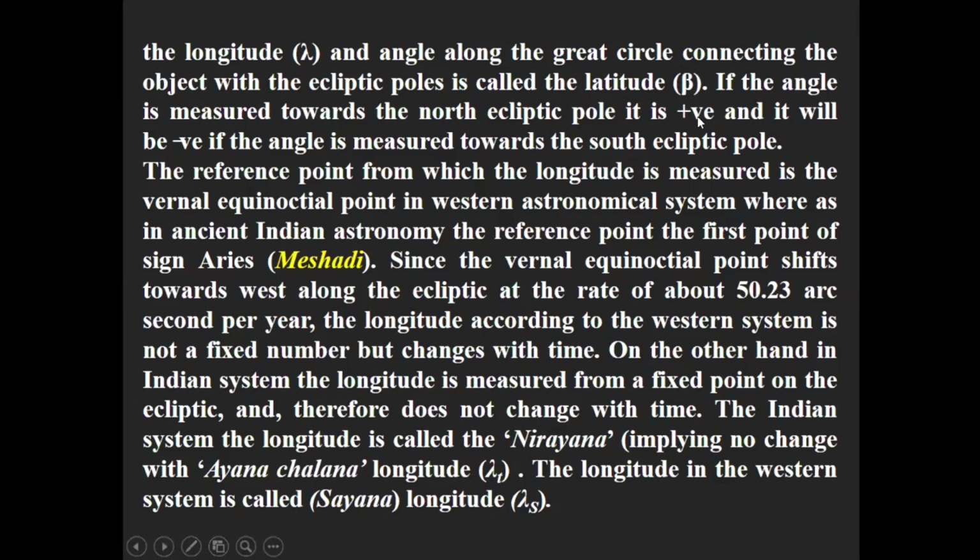It is positive if it is towards the north ecliptic pole, and negative if it is measured towards the south.